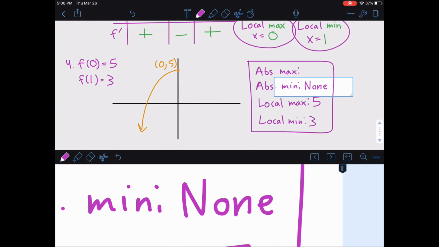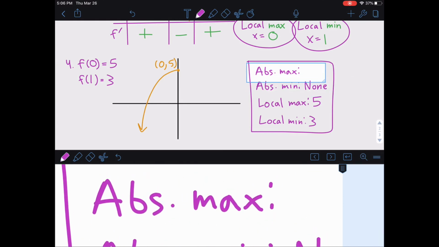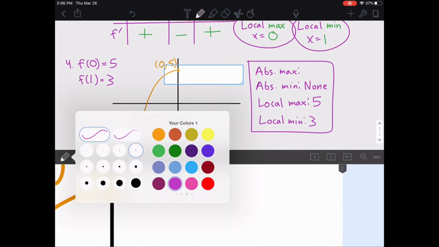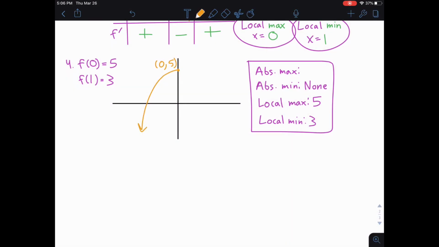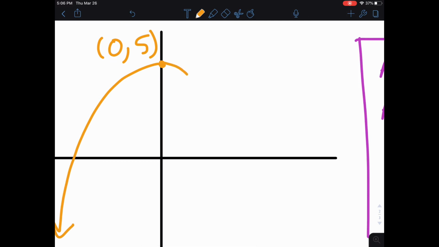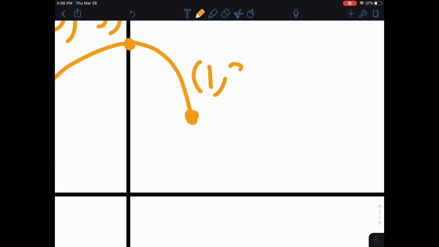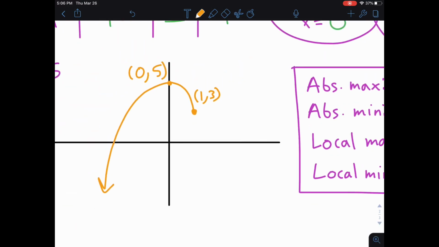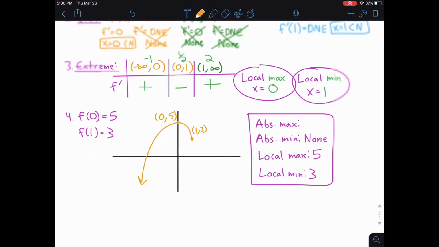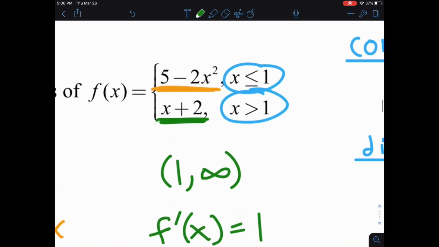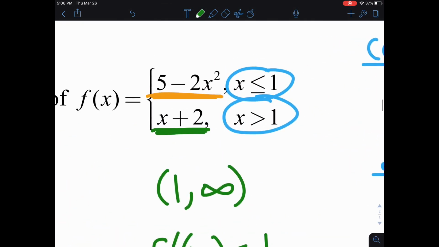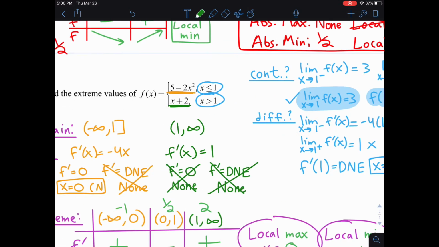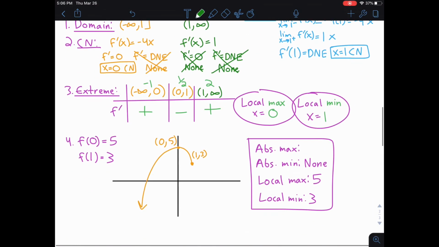Okay. Now, what about absolute maximum? Well, let's keep drawing the rest of the graph, right? Well, I know this graph goes up all the way till x equals 1. And right there, I have the point 1, 3. And now from here, I have my other piece of my piecewise function, which was x plus 2. That's just the line with a slope of 1, starting at 1.